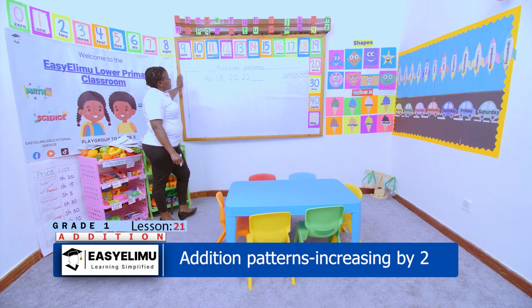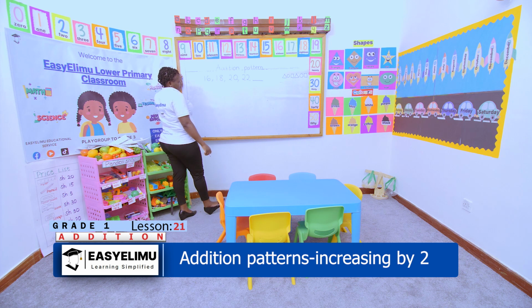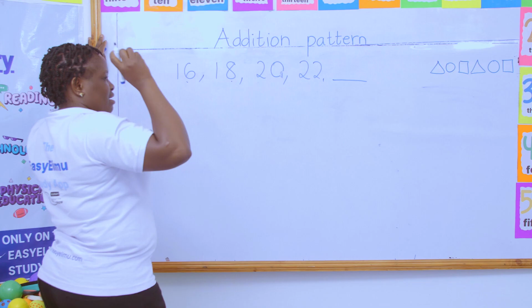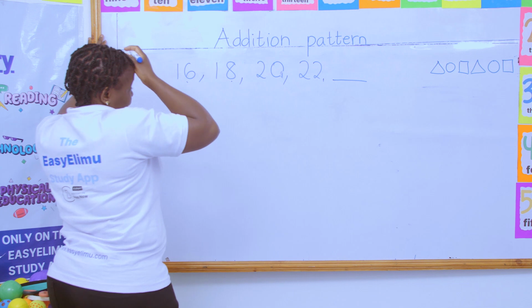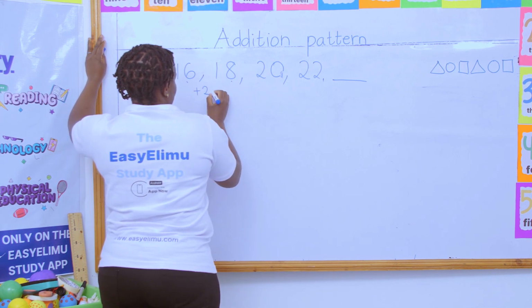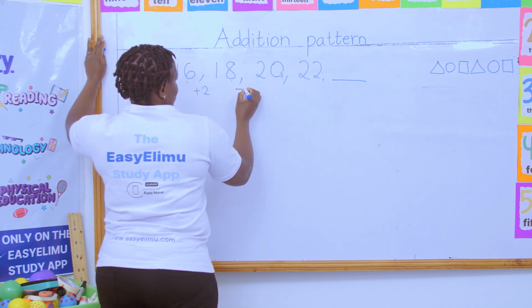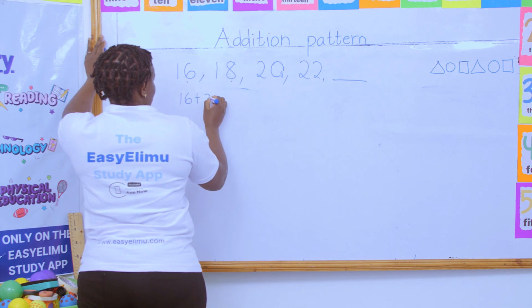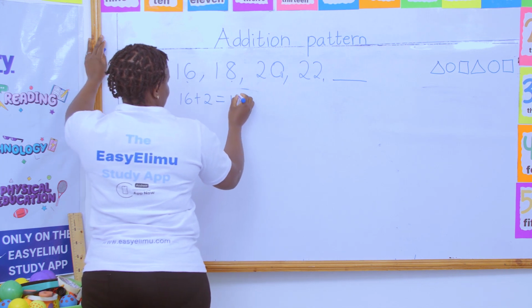What will happen? First of all, I must identify how many numbers they are skipping. From 16 to 18, I count on and find that they have added 2. So if my pattern goes like that, 16 plus 2 gives me 18.